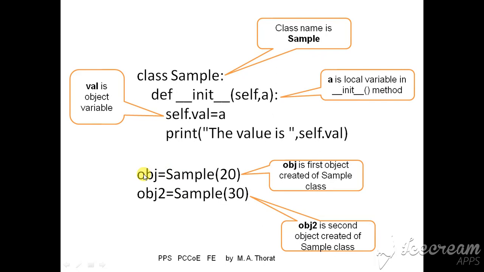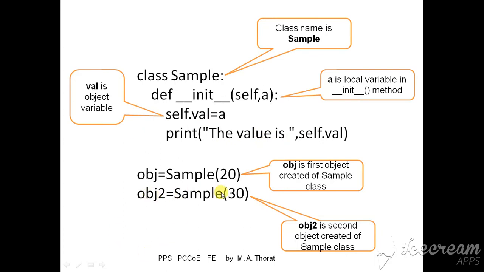As soon as the first statement is executed, it will jump over to the init. The value 20 will be stored in a, then that will be stored in self.val. Now self will contain the reference of obj because through obj this method is called. So it will actually update the value of obj.val, which will be 20, and that will be printed as 20 over here. Then again it will come back.